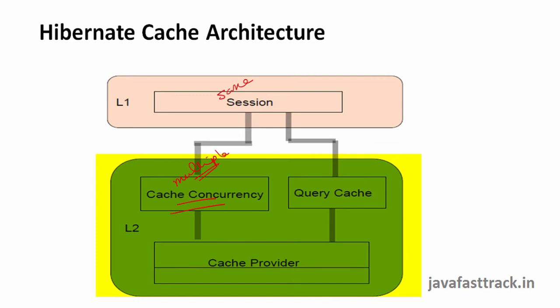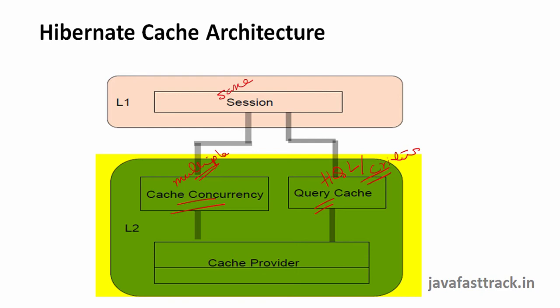Even query results can be cached. When you are executing an HQL query or criteria API query, even that result can be cached using L2 cache. But L2 cache is not inbuilt in Hibernate.